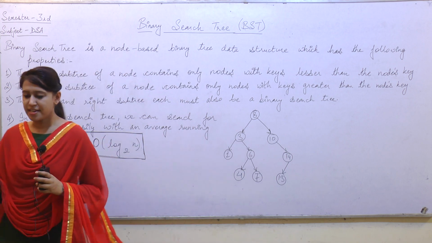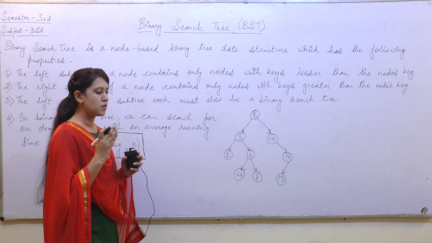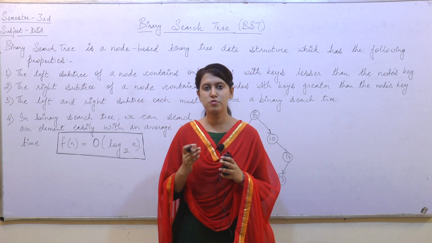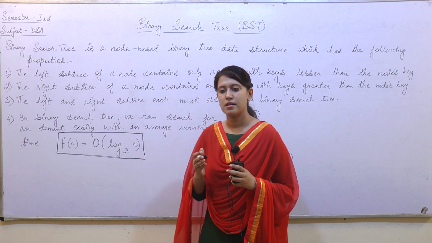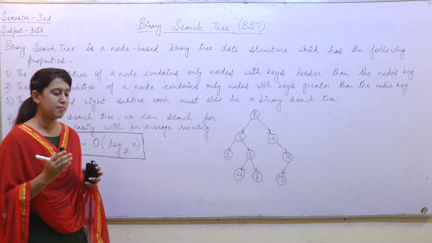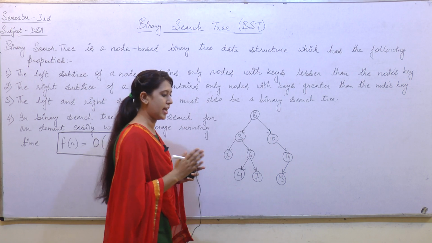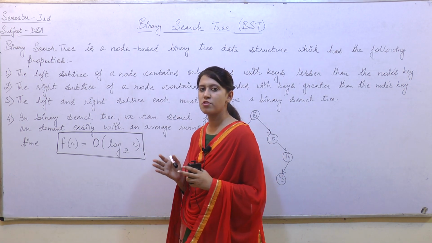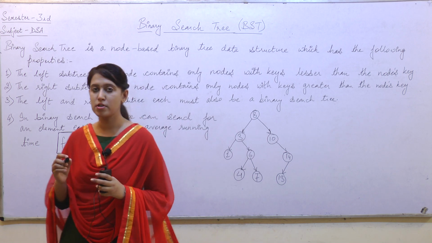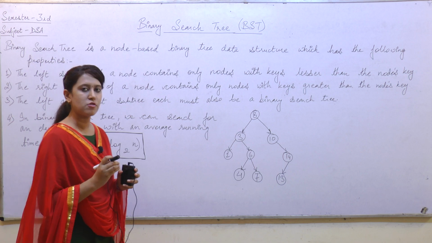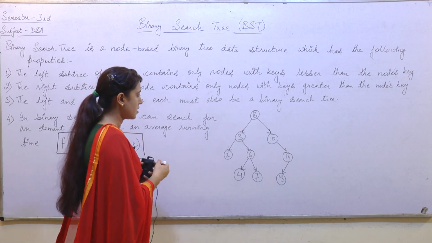A binary tree has nodes, and further those nodes are categorized according to their children. So in a binary tree we have a node n, and we call that node n the root node of the tree. That root node is the most important and special node of the binary tree.